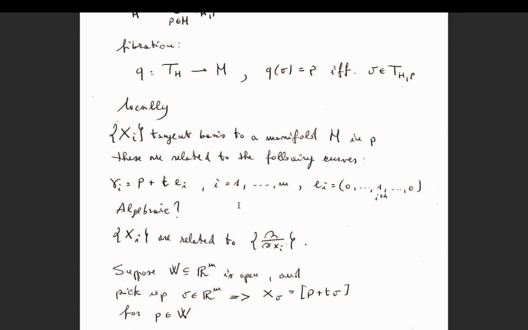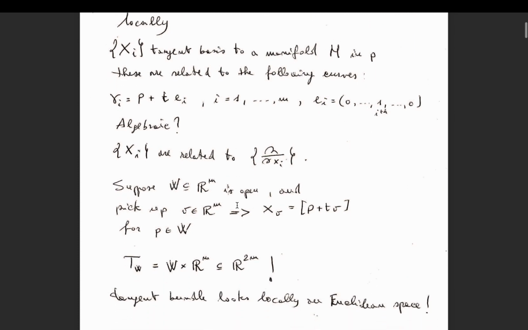While if we go into the algebraic formulation, the canonical basis at the point p of a tangent space to a manifold M are related to the partial derivatives via the coordinate maps.